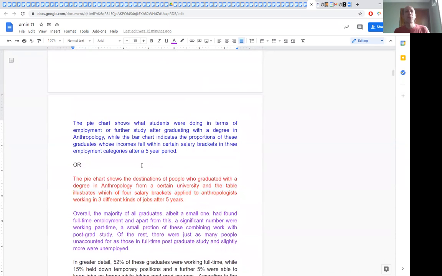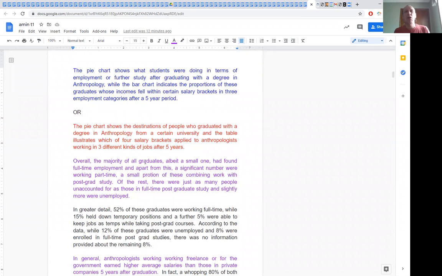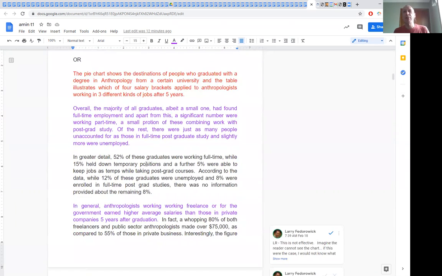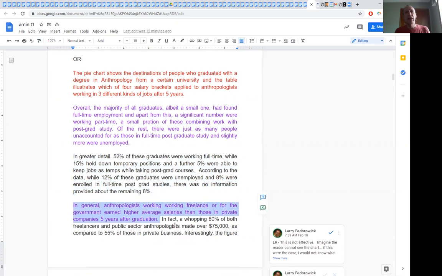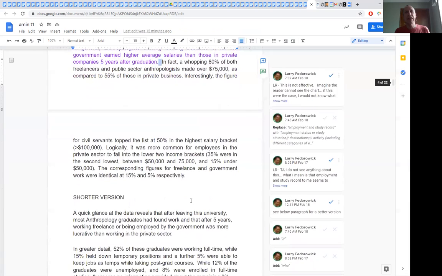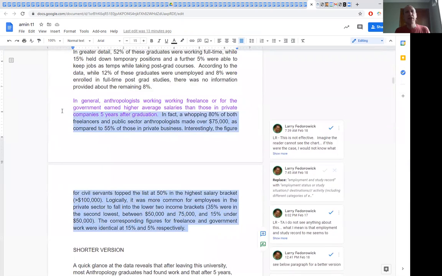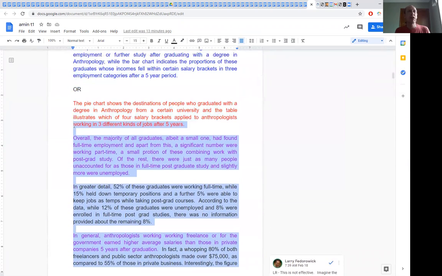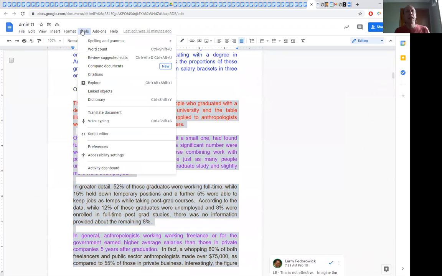Okay, so now we have this overview. So what I did, because I was showing you, I was doing overview, details. So I did overview pie, detail pie, overview table, detail table. But as you see, if we add this all up together and say we'll choose even the red introduction, we're getting how many words?